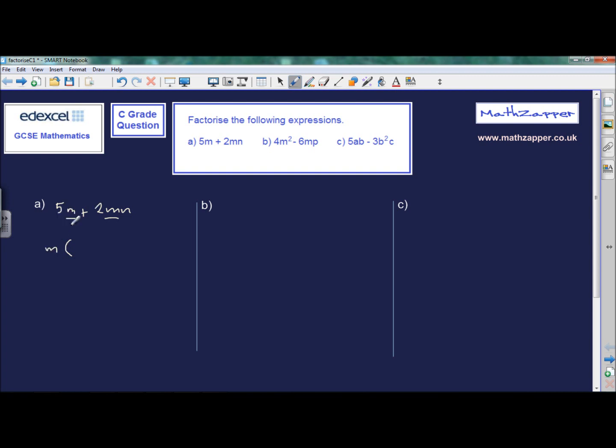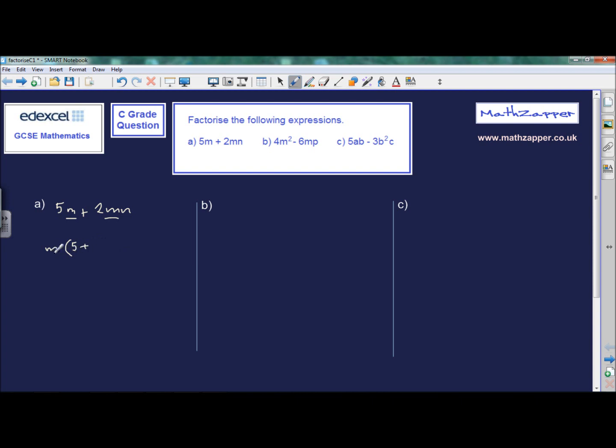So what do we multiply m by to get 5m? We multiply it by 5. So we can put 5 back in the bracket. There's a plus there, so we can put that in. It's not always the case, but in this case we're multiplying by plus m, and our result is plus 2mn, so it's safe to say it's plus. But what do we say?